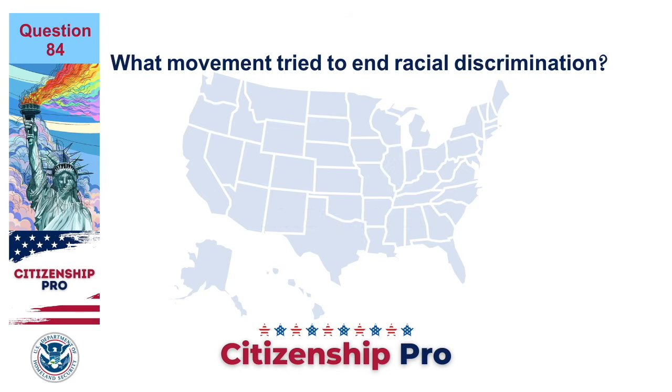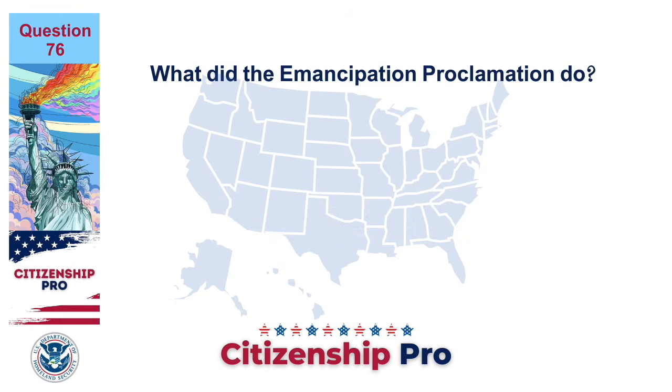What movement tried to end racial discrimination? Civil rights movement. What did the Emancipation Proclamation do? Freed the slaves.